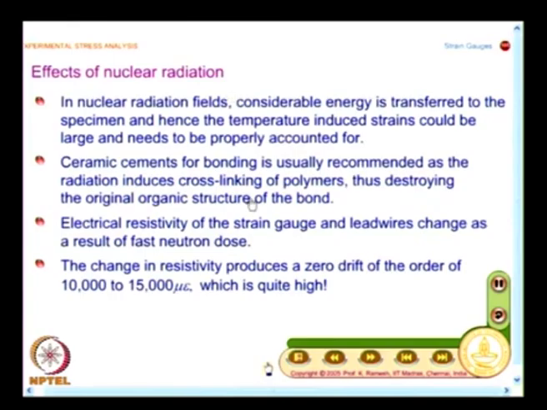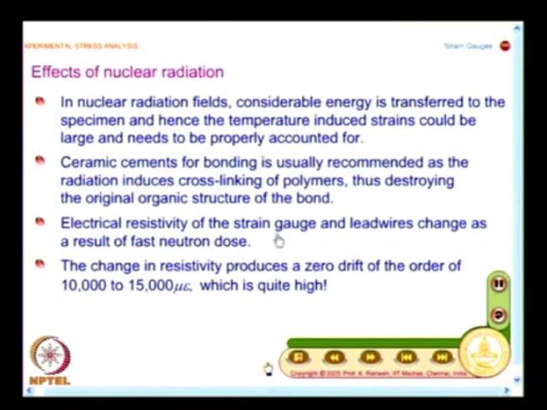The other aspect is the electrical resistivity of the strain gauge as well as the lead wires change as a result of fast neutron dose.